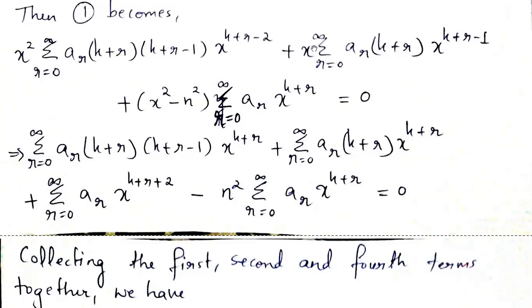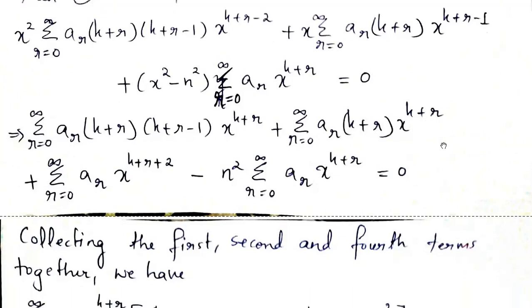Similarly, in the second term, take this x inside the summation. So you get summation r from 0 to infinity ar k plus r here, x power k plus r minus 1, taking this x power 1 inside, minus 1 and plus 1 will cancel, so I get x power k plus r.